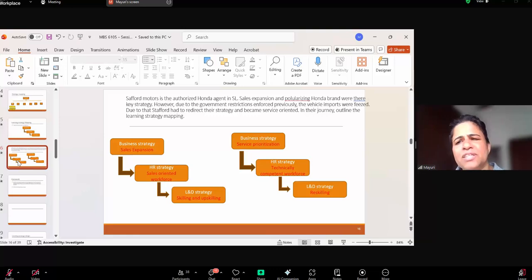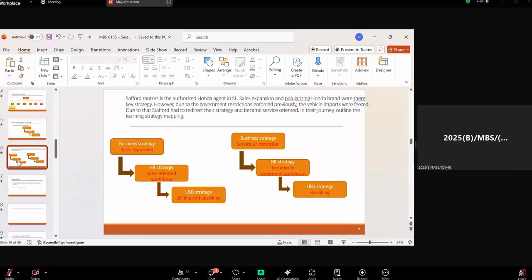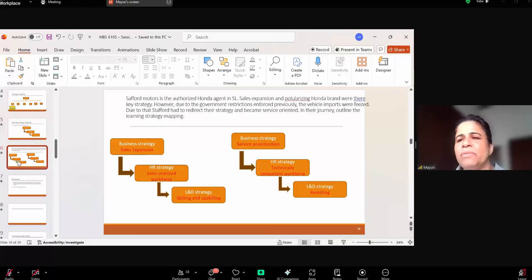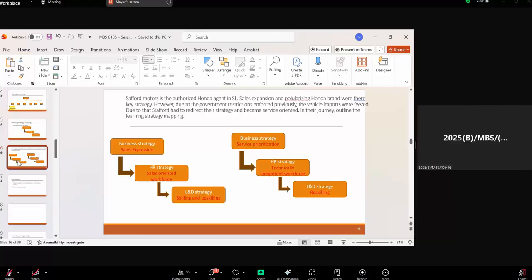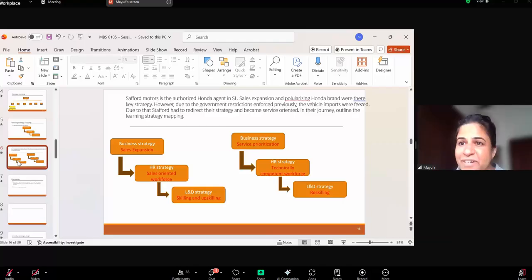Stafford Motors. What type of company is it? They sell vehicles, motorbikes. What does service mean for vehicles? After-sales, repairs, accidents, upgrading, regular services. Regular car service means you clean up your engine, you check your chassis. That is not customer orientation. Service means technical service, auto services.